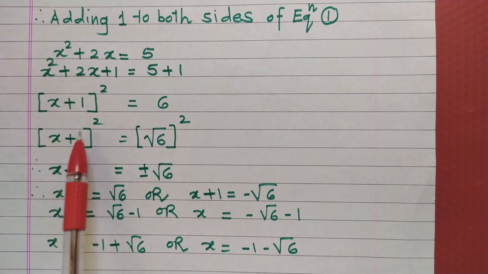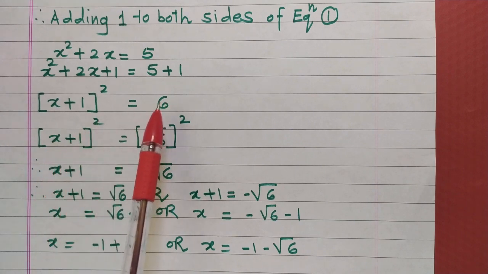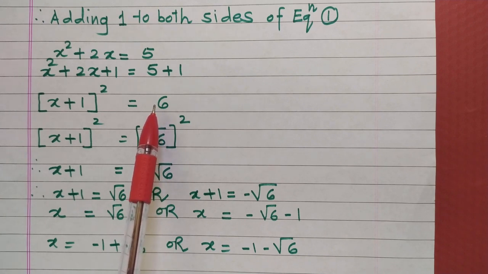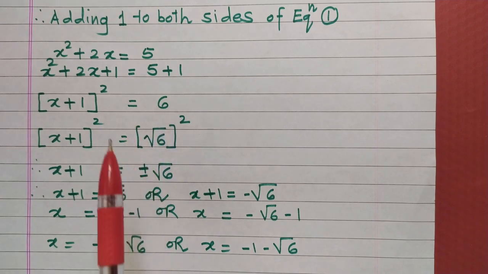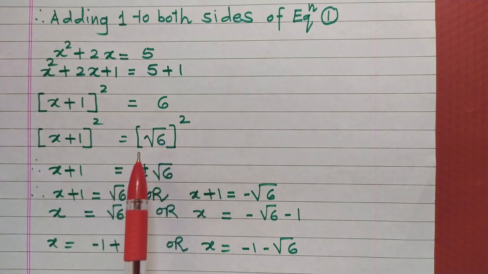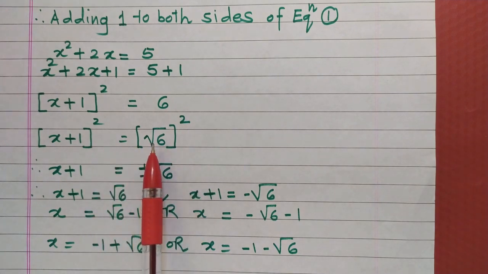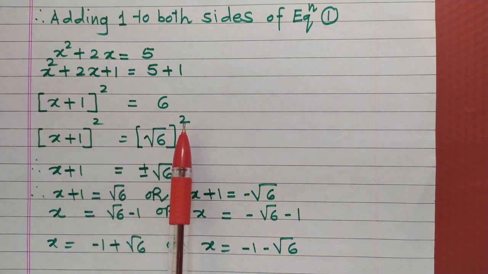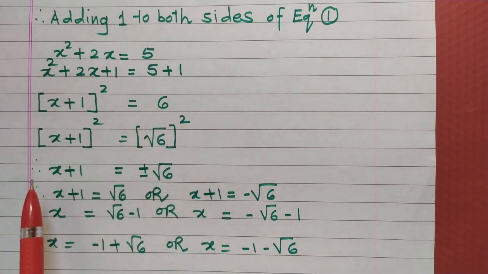As x plus 1 whole square is the complete square, I will try to find whose complete square is 6. Here I have written 6 as under root 6 whole square, because 6 is not a perfect square. So the square of under root 6 is under root 36, which is equal to 6.